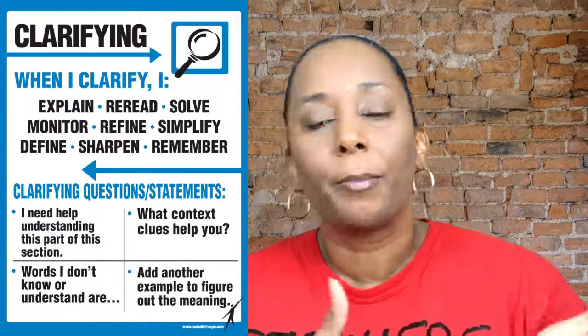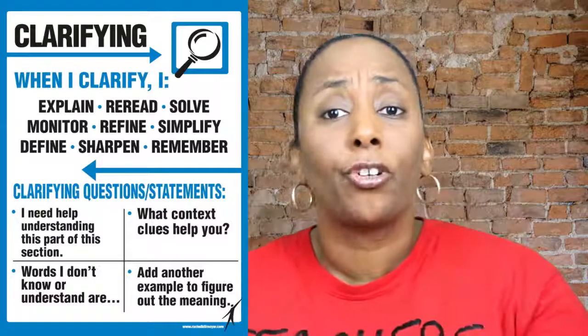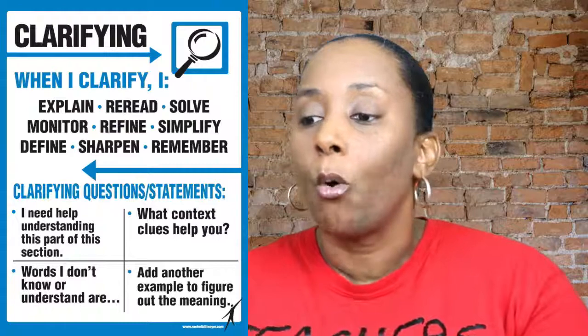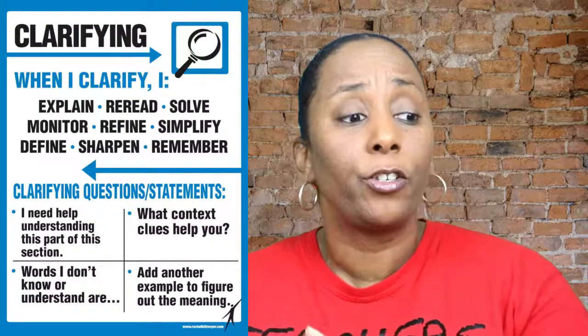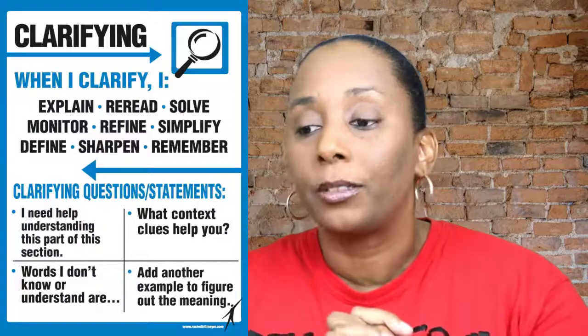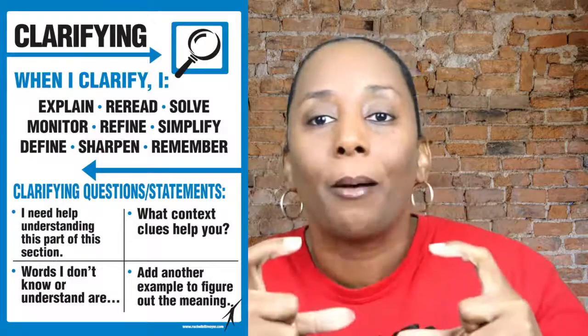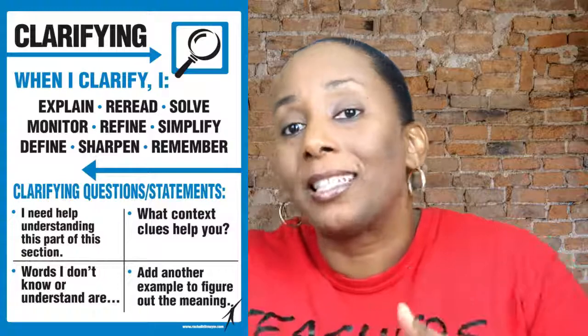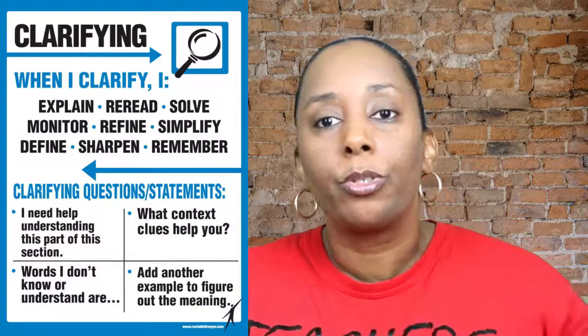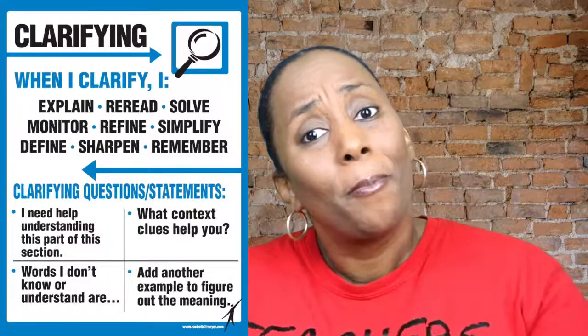We solve, simplify, remember, define, sharpen. Those are all the things that we do in math. So if you have to clarify, you can teach your students to say, I need help understanding this part of the problem. Those are the same thinking processes that are used in reading.